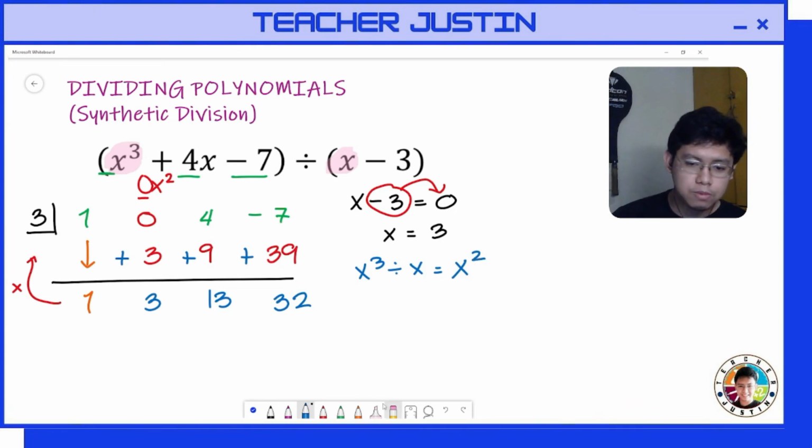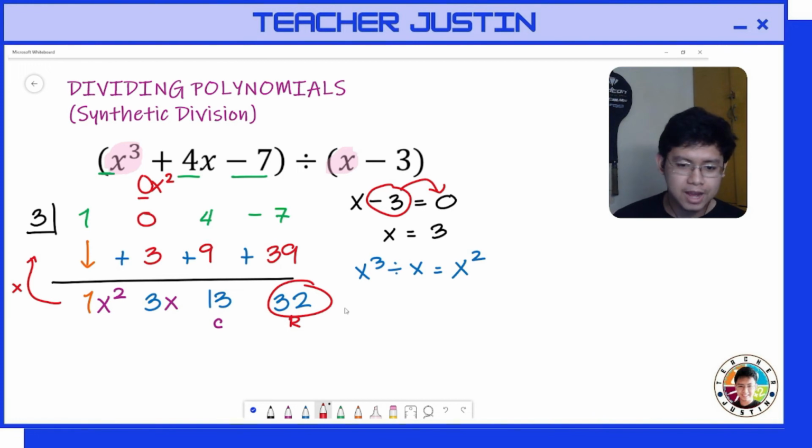Therefore, our leading term is going to start with x squared, followed by x, followed by a constant, and then this last term, 32, will serve as our remainder. So 32 is our remainder.